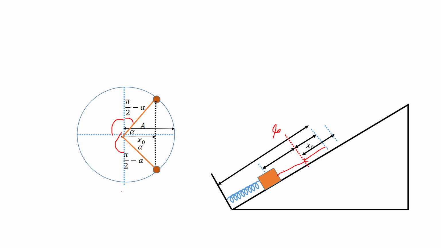Here it will come momentarily to rest, then it will move back again a distance A. After that it will move to its natural length L, and during this interval it will travel a distance x naught, and from here it will leave the contact, and then there will be no contact with the spring.